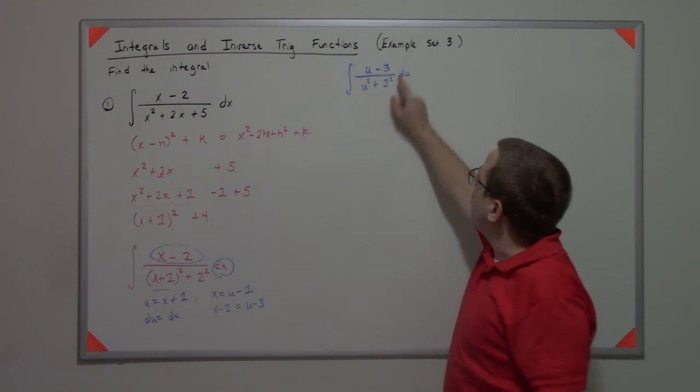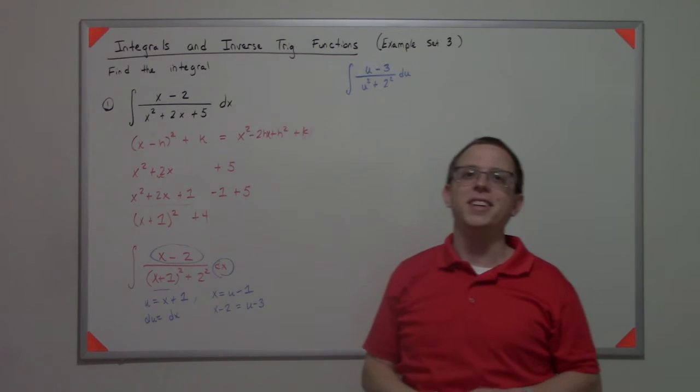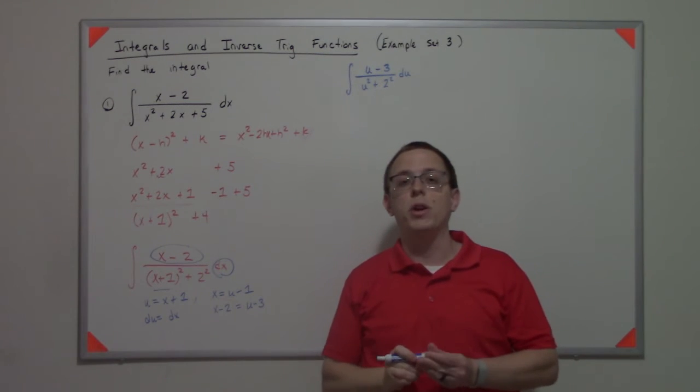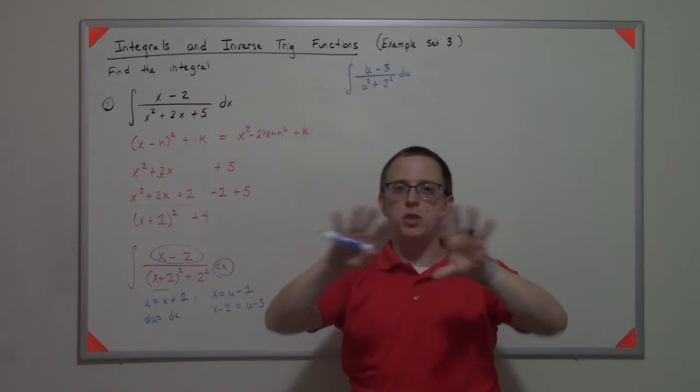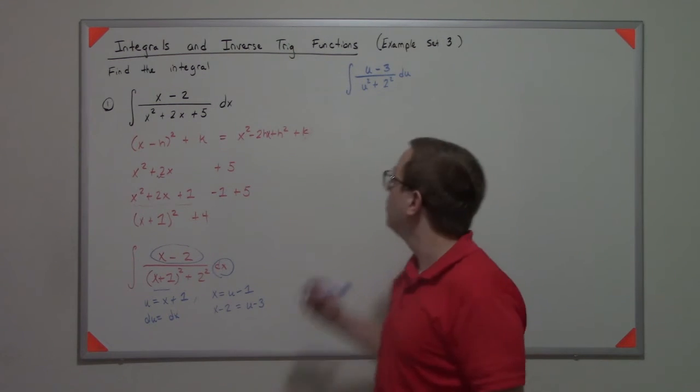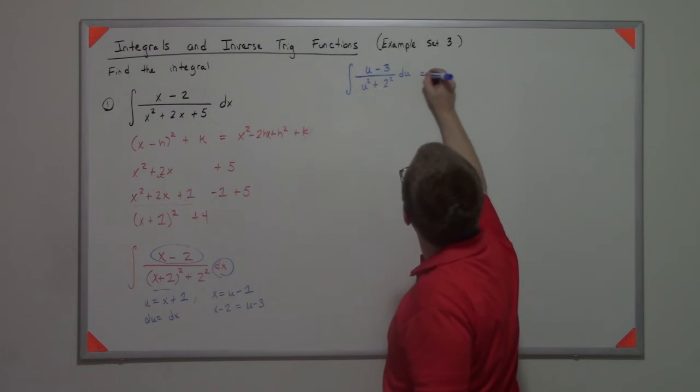Which looks good and all, but we still haven't gotten rid of this. So this is where things get even more interesting. Now what we want to do is take this and split this into two integrals.